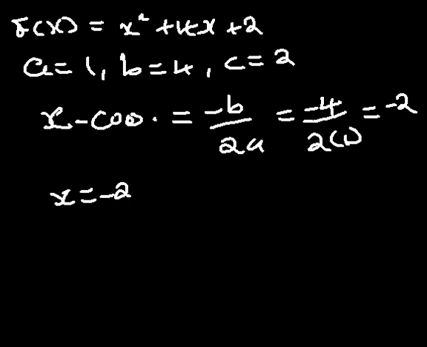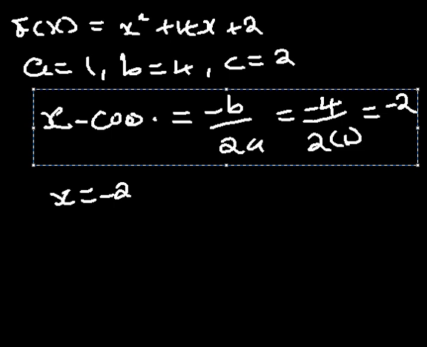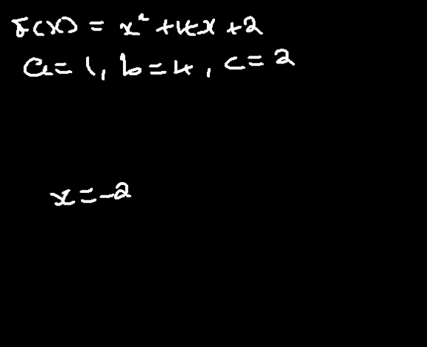And the other part of the question says that we should calculate the coordinates at the turning point. Since we already obtained the x coordinate at the turning point, we just have to substitute the value into the original function to have the y value.